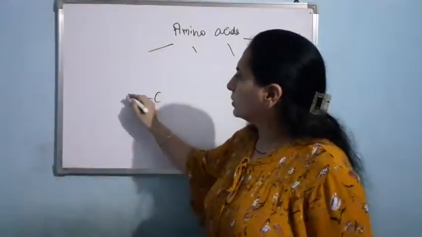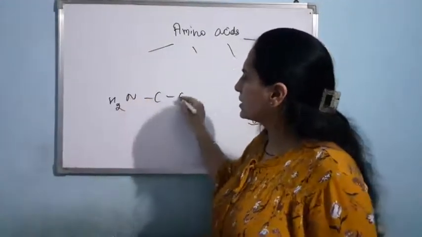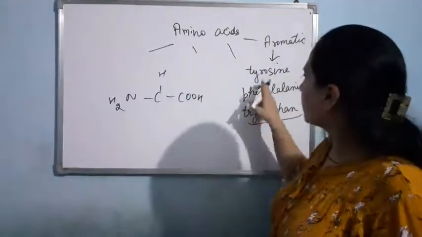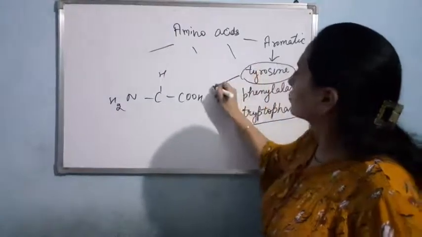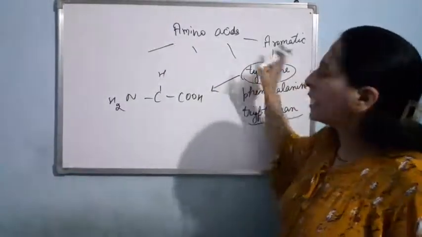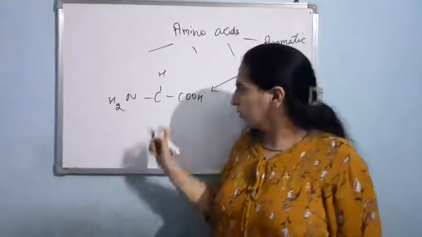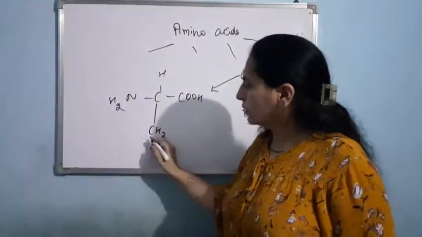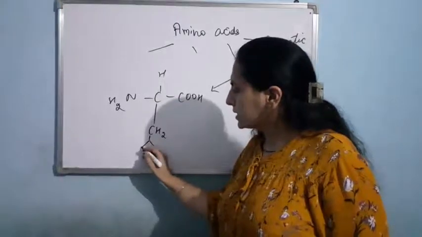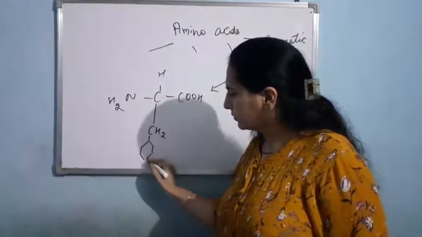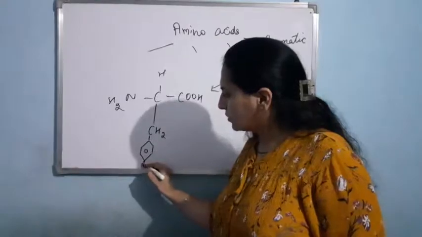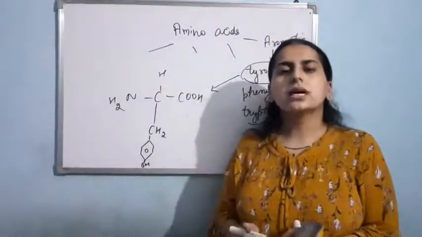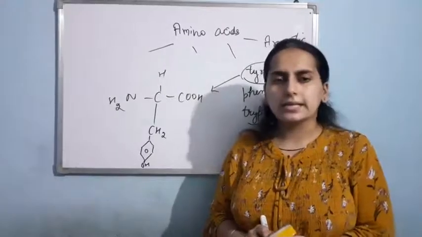Suppose here I am having this. This is the basic structure. This will be present in all. Suppose I am drawing the structure of tyrosine. In tyrosine I will be having the aromatic ring. So here I will be having CH2 and then the aromatic ring, just see, and here OH. So this is tyrosine. Clear? So these are the different types of amino acids.